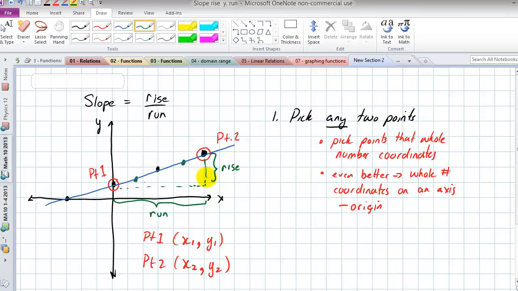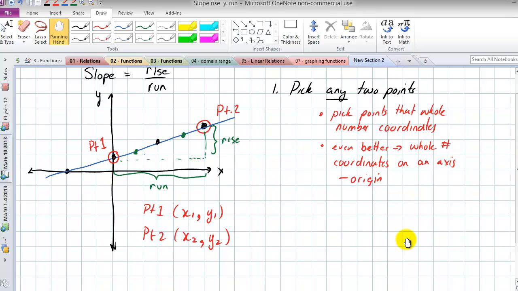That's what we're going to calculate. Okay, so we've picked our 2 points, and now we're going to calculate rise, or vertical change, and run, which is the horizontal change.